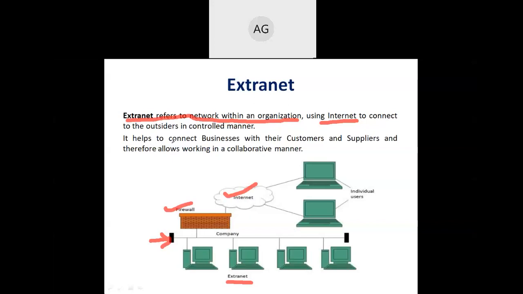The extranet helps to connect businesses with their customers and suppliers, and therefore allows working in a collaborative manner. So basically the extranet is used for businesses to connect their customers and suppliers. Moving to the next slide.